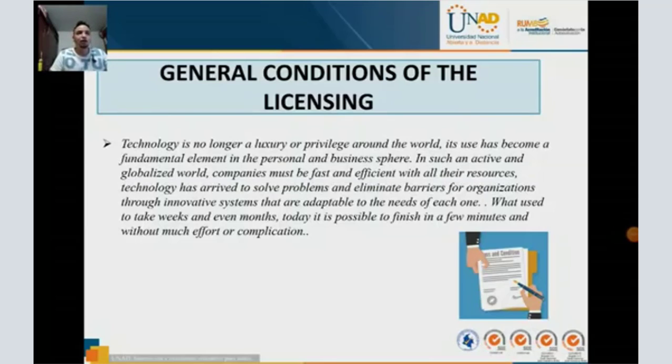General condition of the license. Technology is no longer a luxury or privilege around the world. Its use has become a fundamental element in the personal and business spheres. In such an active and globalized world, companies must be fast and efficient with their resources.